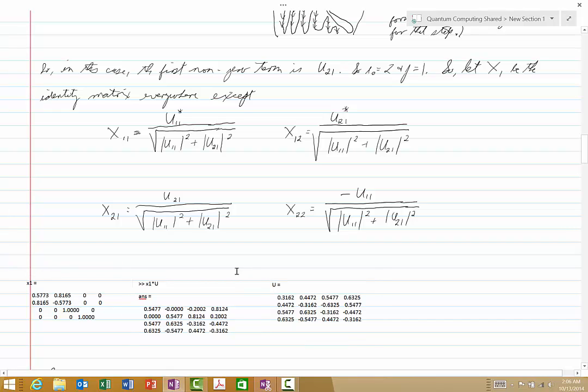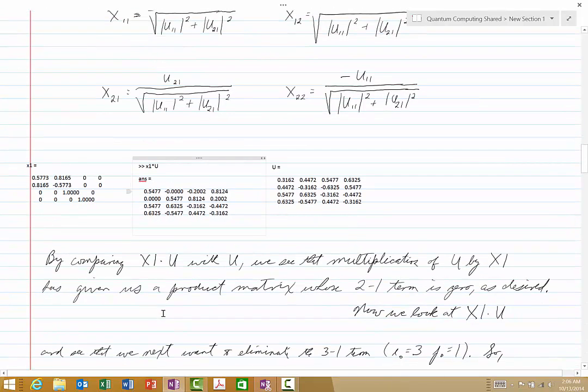But when we pre-multiply that U by this x1, which you can verify is a two-level unitary matrix, we will get this matrix, which you can verify is also unitary, but now we have a 0 in the 2,1 term.